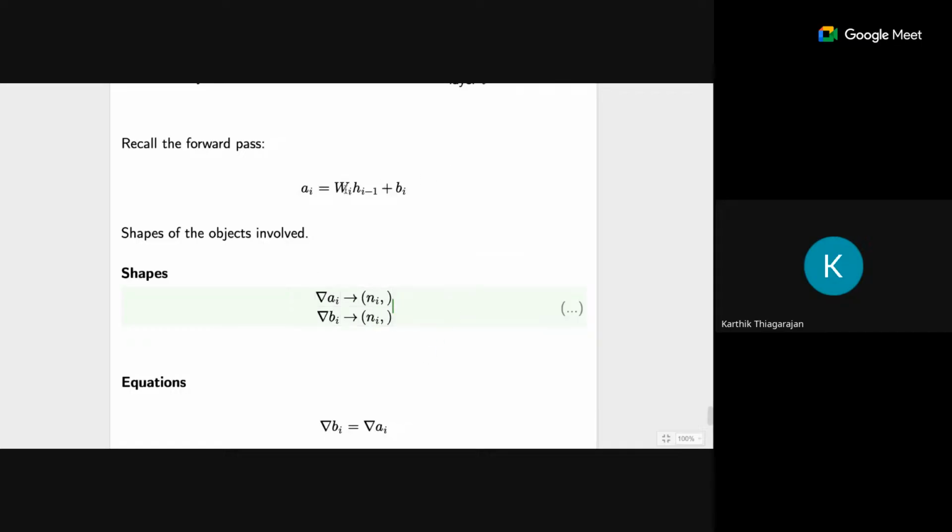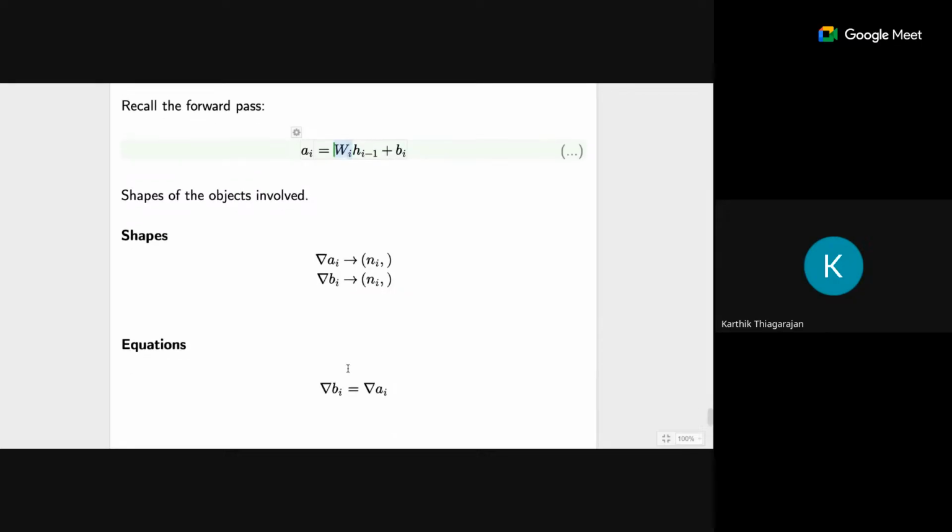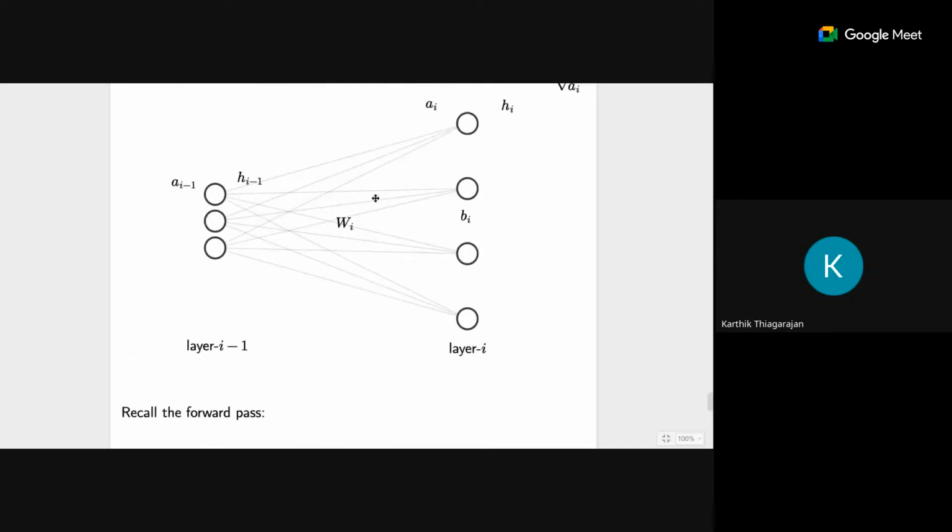Next we come to Wi. So what do we need? I need a formula for it. What do you think the shape of the gradient of Wi is going to be? What should be the shape of the gradient with respect to Wi?